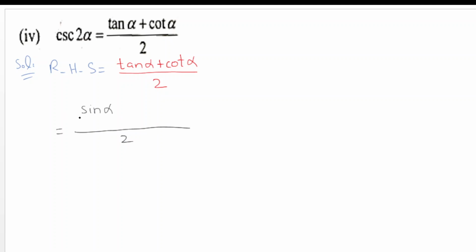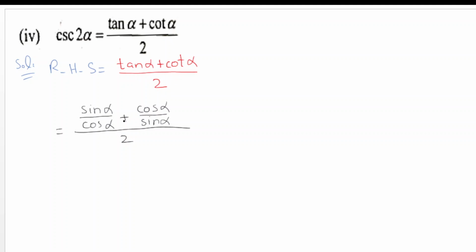Here it is going to be sine alpha over cos alpha. Then what is cot? That will be cos alpha over sine alpha. We have to come to the simplest form. The simplest form of any trigonometric question is sine and cos. So tan and cot are not the simplest form. Now it is in a simplest form.